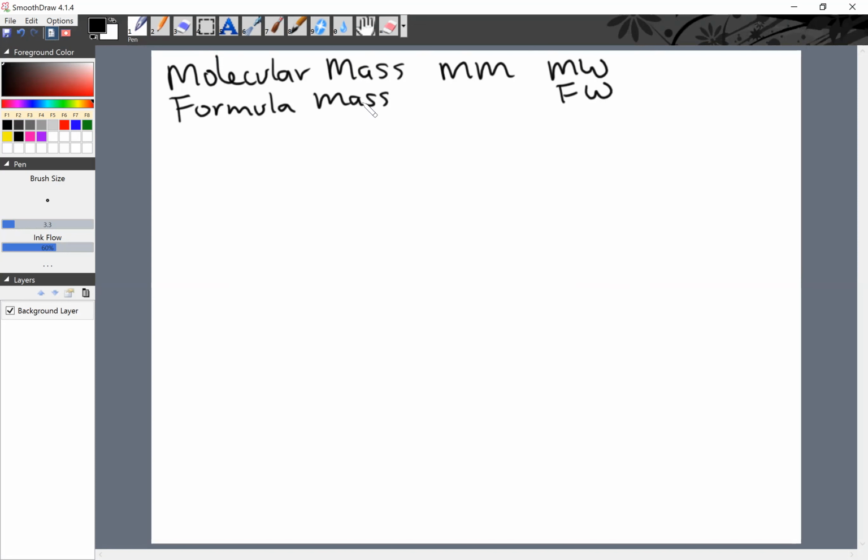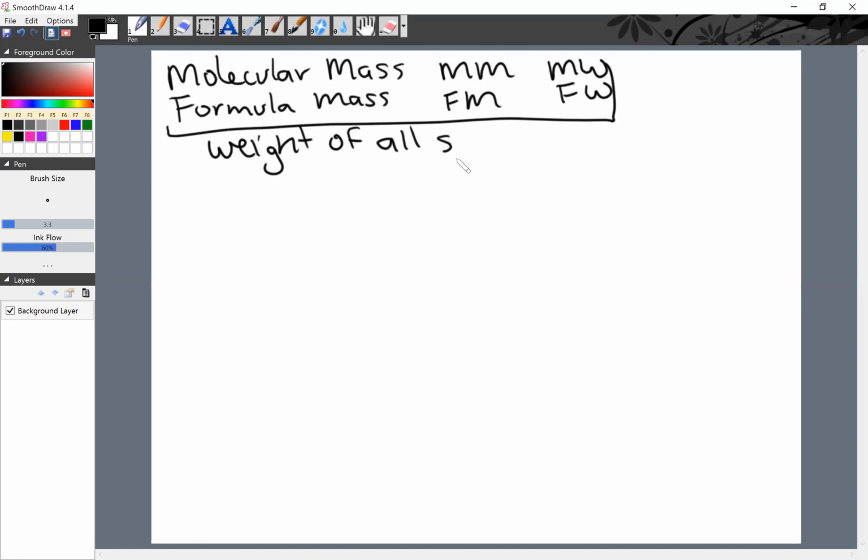So we can just say that the mass is also the weight. Yes, I know, physics students, you're cringing. But our gravitational constant does not change. Basically, it's the weight of all the species in a formula.